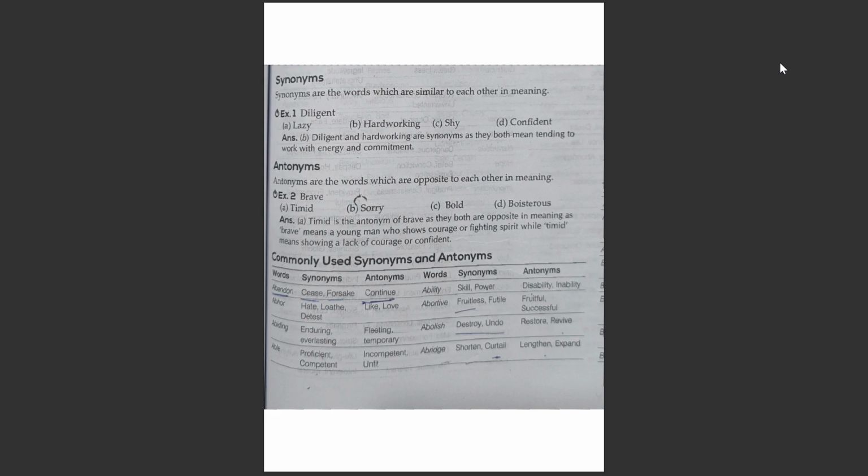So the synonyms written here are hate, loath. Loath is also deep dislike, and so does detest. And now if you're not disliking something, then you are what? You are liking that thing, you are loving that thing. So like and love become the antonym, the opposite word of abhor.